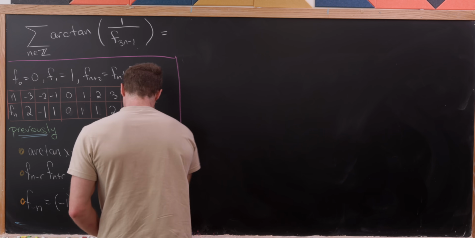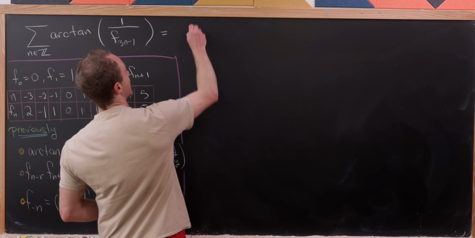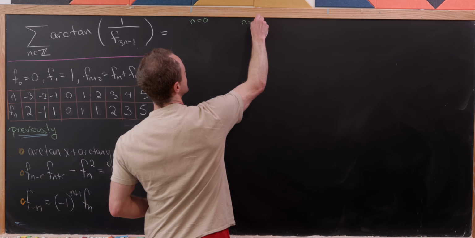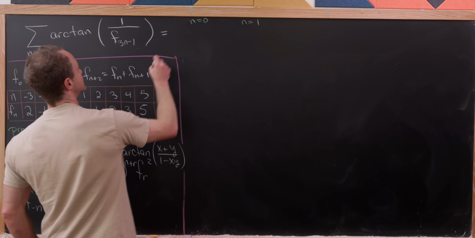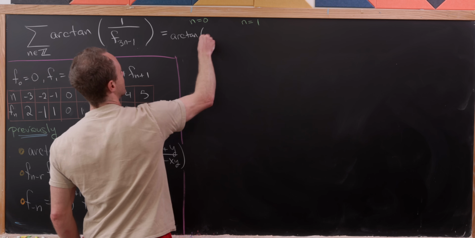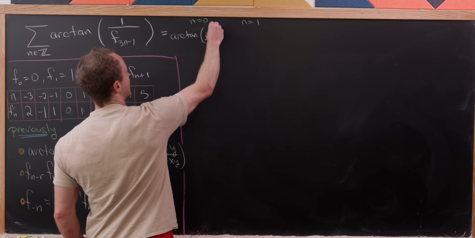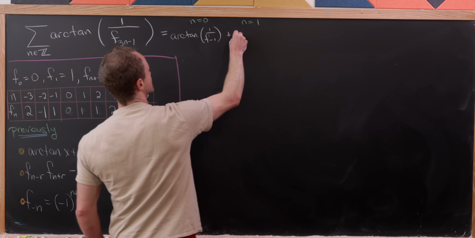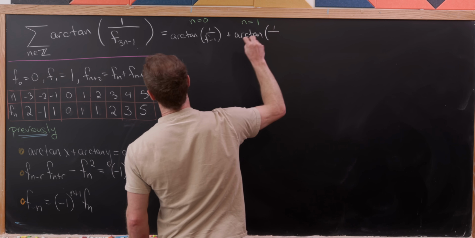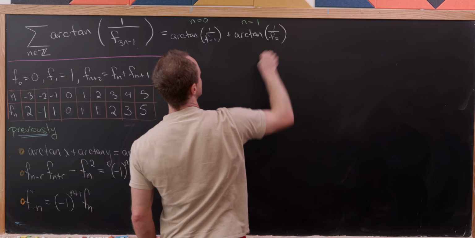I'll just put up here that I'm extracting the n equals 0 term here and the n equals 1 term here. So the n equals 0 term will be the arctan of 1 over f sub minus 1. And the n equals 1 term will be the inverse tangent of 1 over f sub 2.